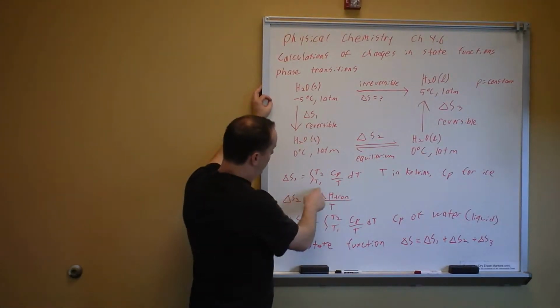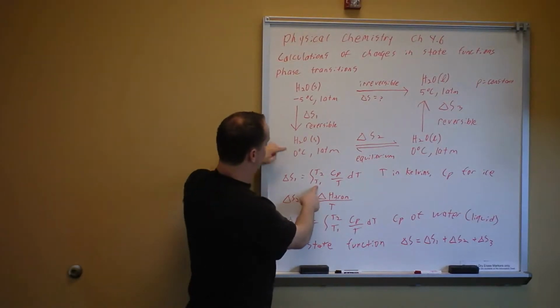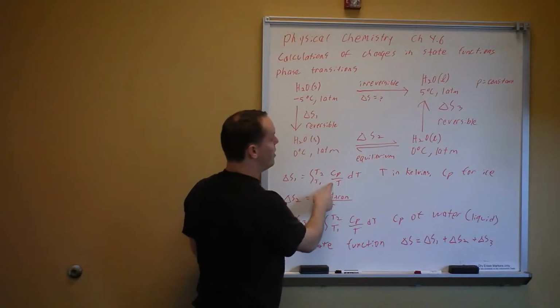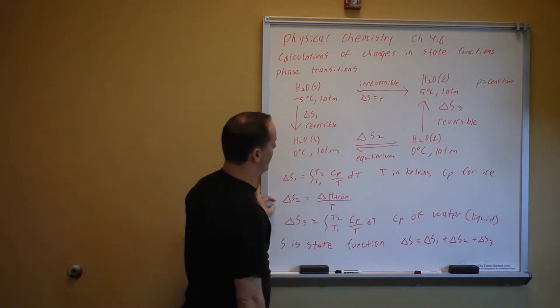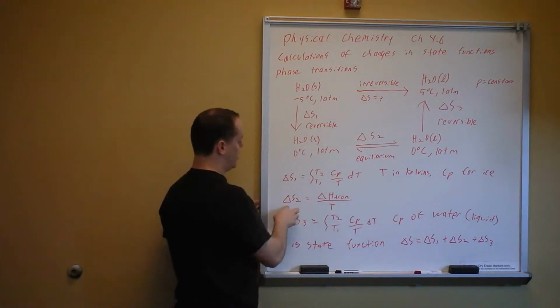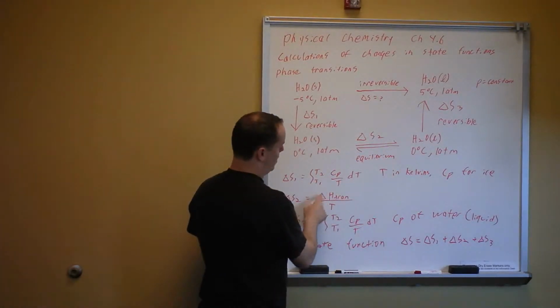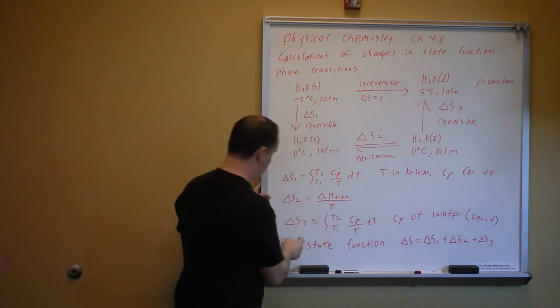So delta S1, we just integrate from minus 5 degrees to 0 degrees of the heat capacity for solid water or ice divided by temperature with respect to temperature. Then for step 2, the change in entropy is just going to be the change in enthalpy of transition, melting in this case, divided by temperature.